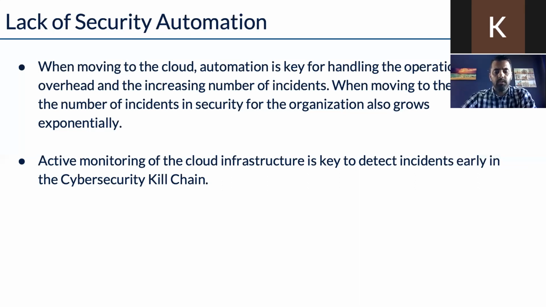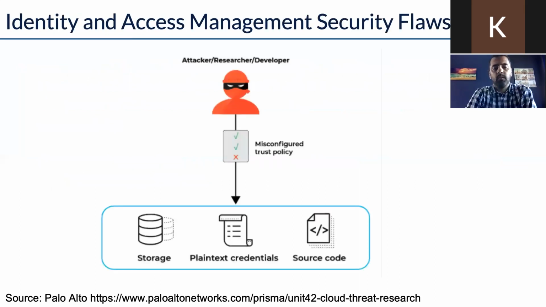What this report actually highlights, and I wanted to put that into context, is that most of those security misconfigurations are related to identity and access management security flaws. As you can see in the image taken from Palo Alto research, an attacker or a researcher or a developer takes advantage of a security misconfiguration in a policy, basically.